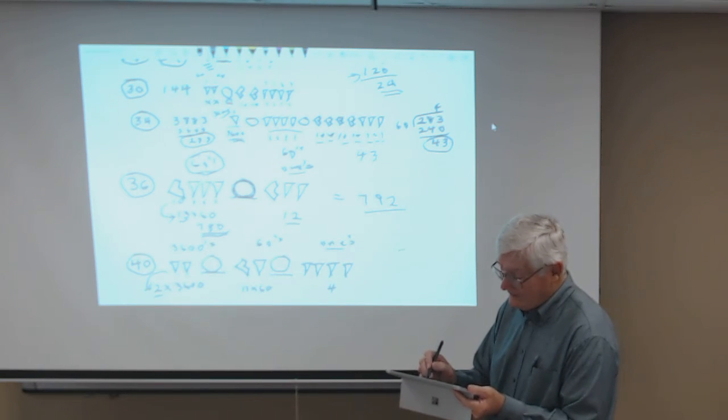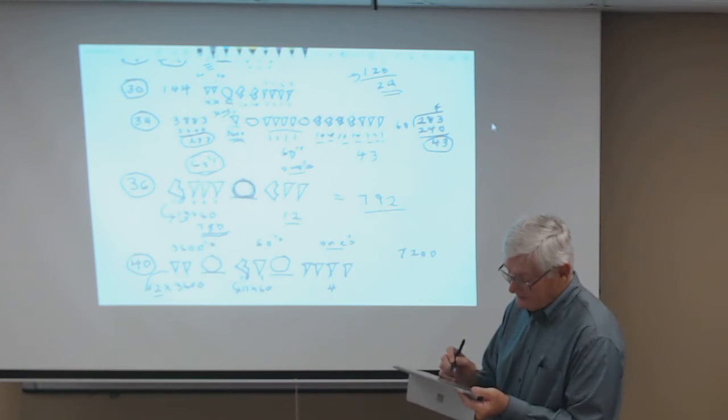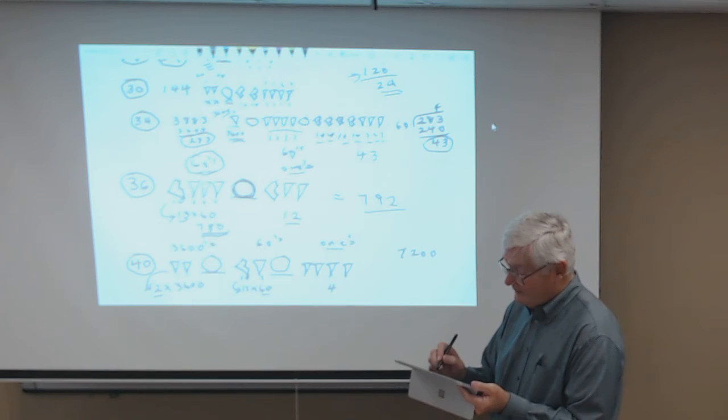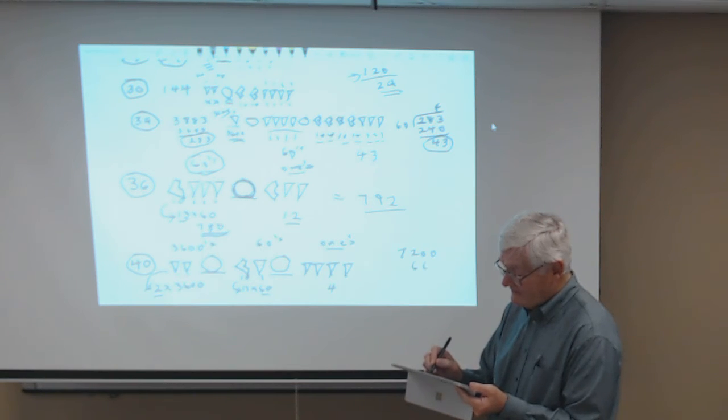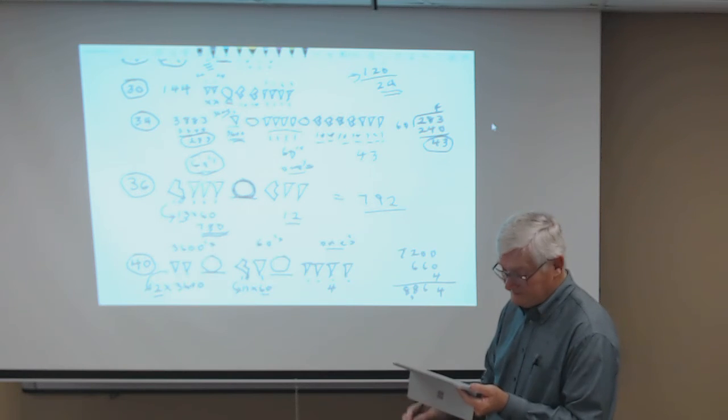That would be 7200. And then I have 10 and 1. That would be 11 60s. So what would that be? 660? And then I have 4 ones. So the answer is 8,864.